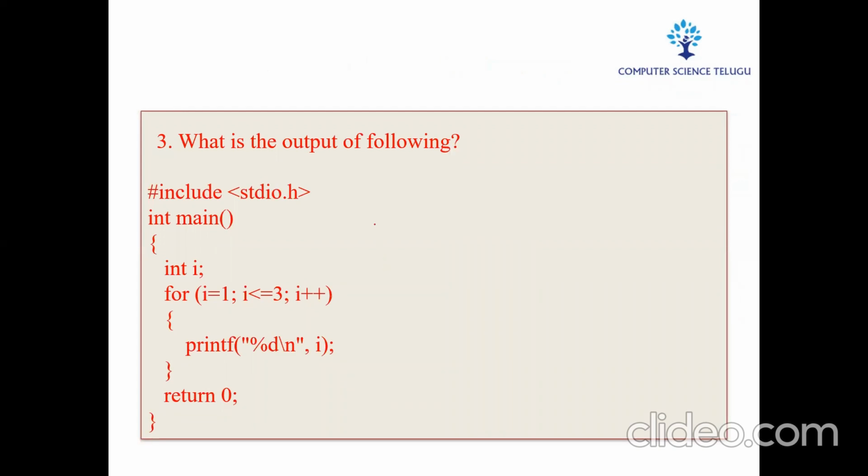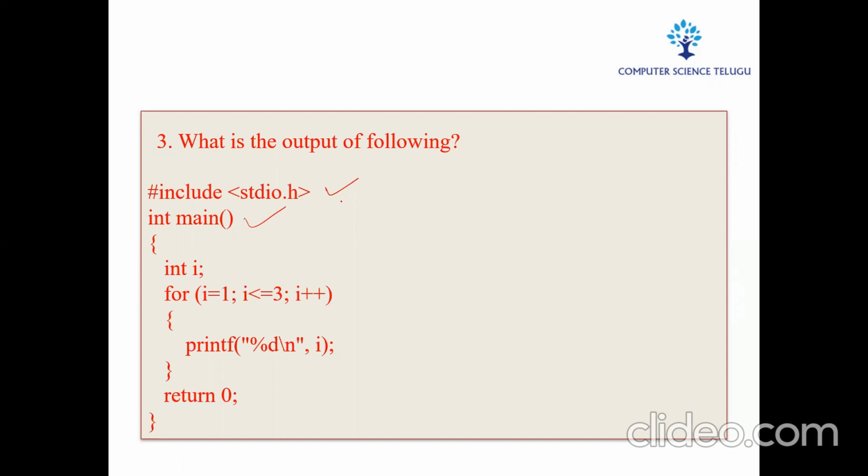Now, what is the output of the following question? On the screen we have a program: hash include stdio.h, then int main, and so on. We have to find out the output.